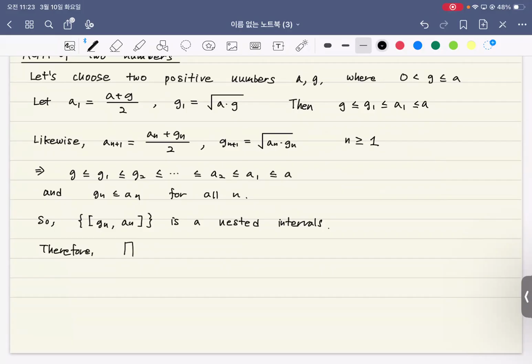Because of the nested interval theorem, if you take the infinite intersection of these closed intervals, then this is a non-empty set.